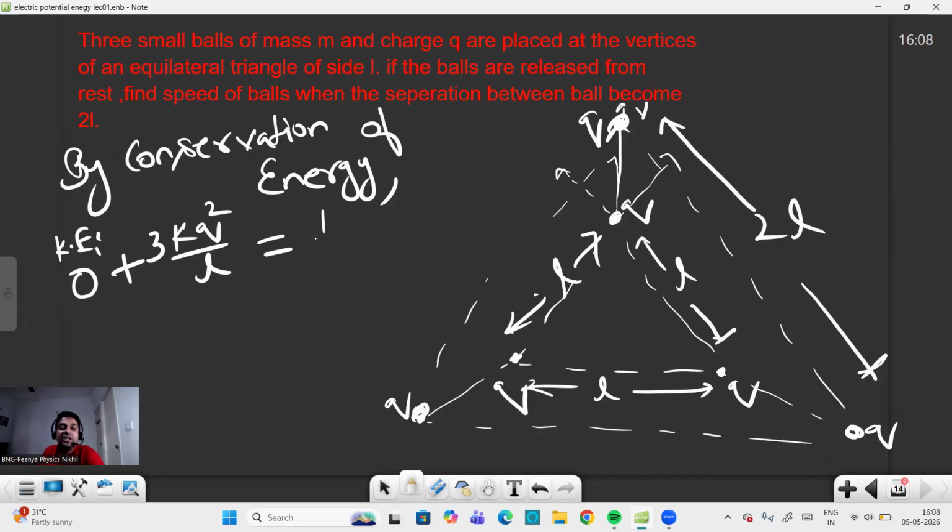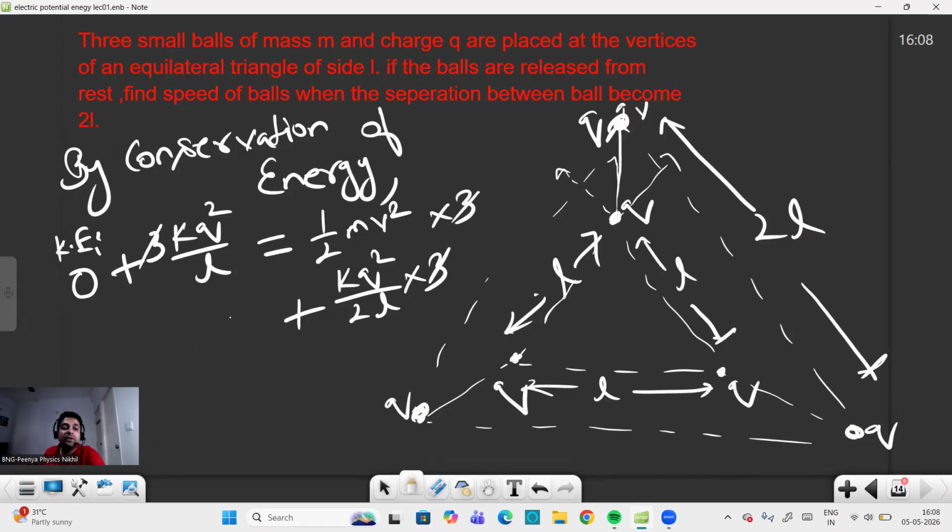So the kinetic energy of each will be half m v square, and there are 3, so times 3. Correct. And their interaction energy will be K q square by the distance between them, which is 2L, and there are 3 pairs, so times 3. Correct. From here you have to find the speed. So this 3 we take common and it cancels out. Correct?